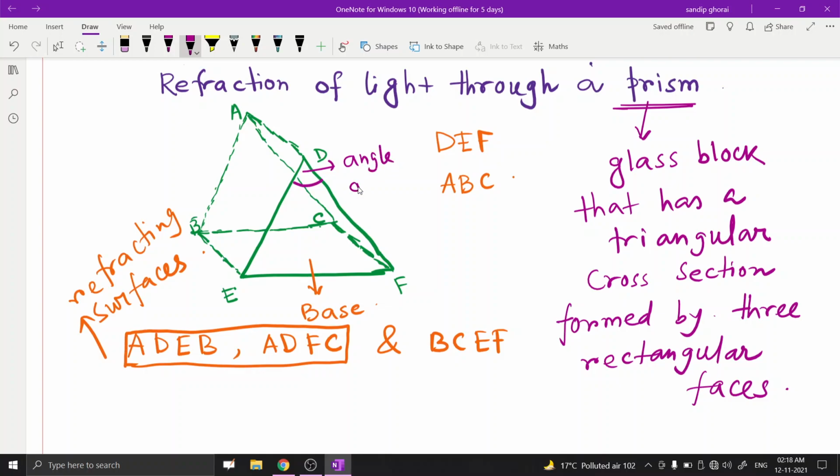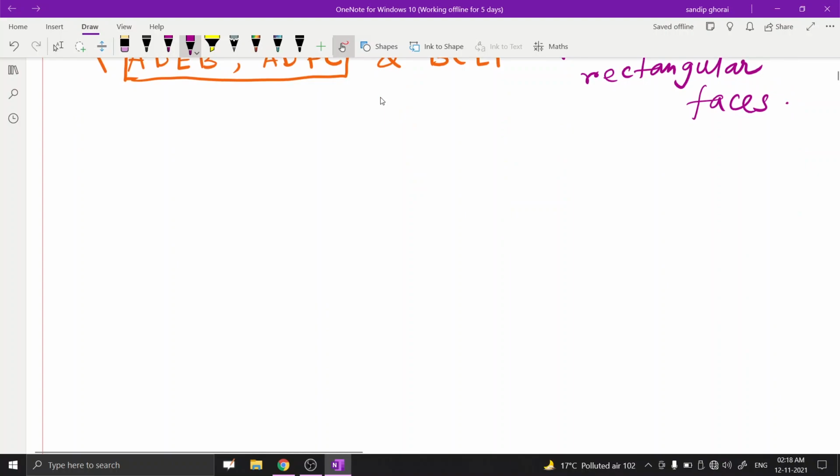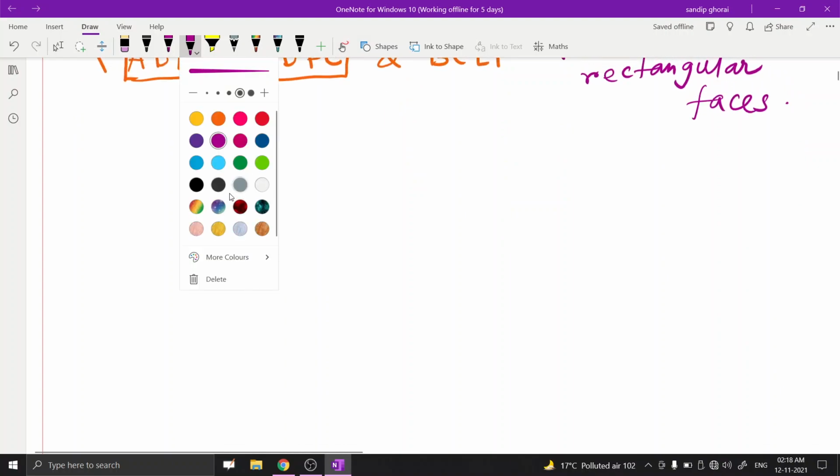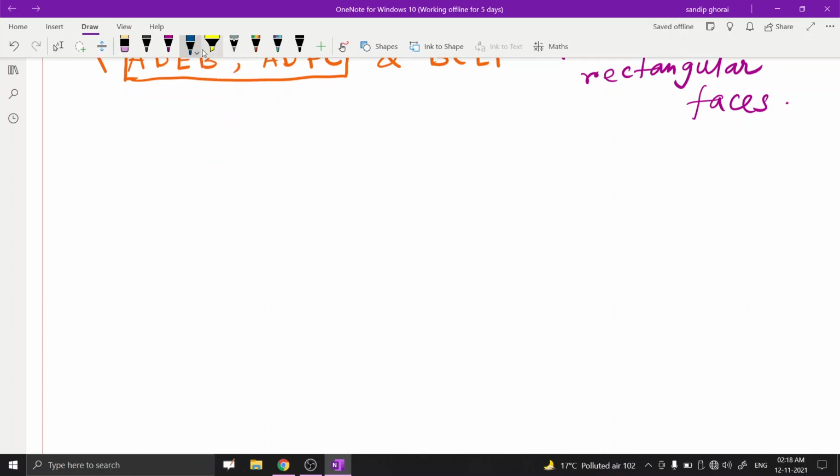So for simplification, we take this type of surface as the prism.